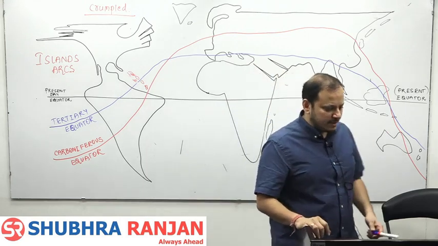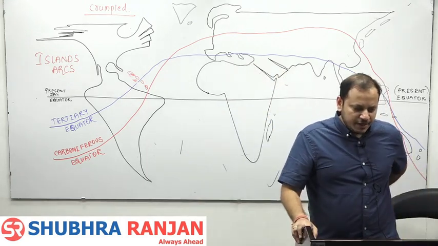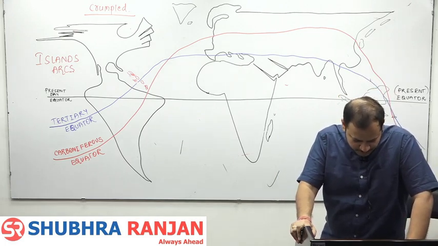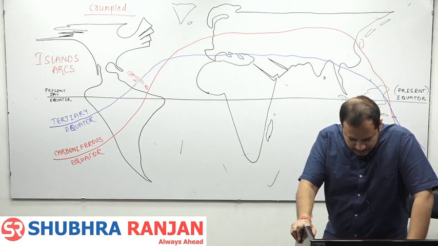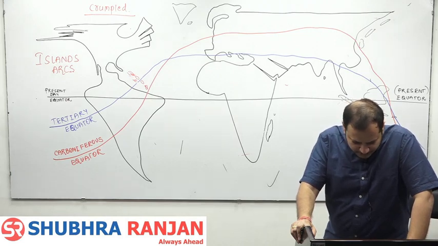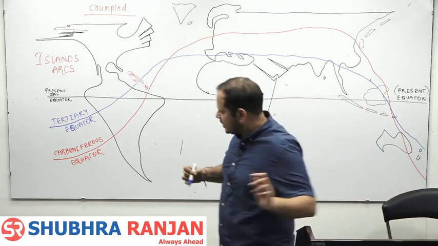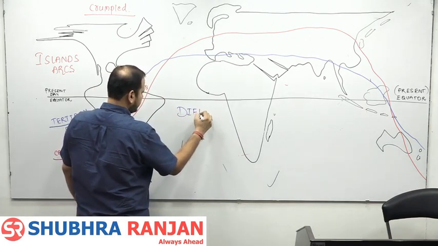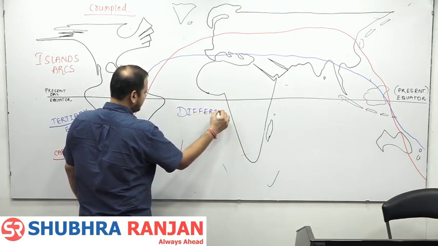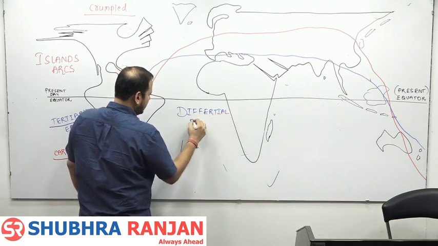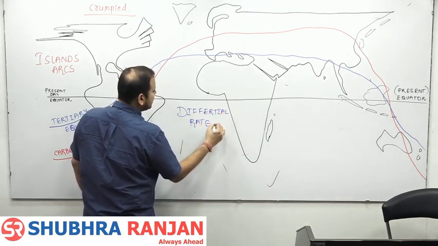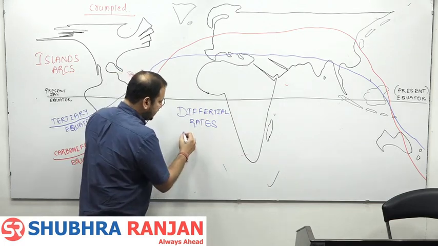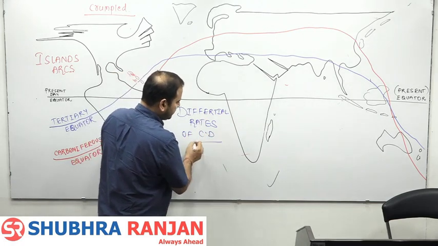Island arcs of Indonesia, Malaysia, Japan were formed because of differential rates of continental drift. ये सब एग्जाम में लिखने का इतना स्कोप नहीं है, so try to use the important words. Differential rates of continental drift.